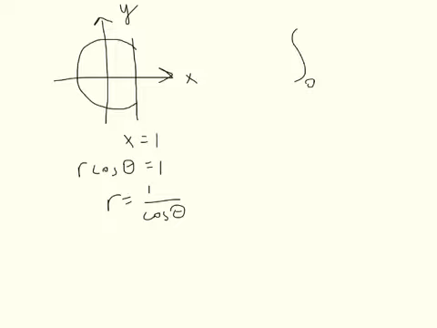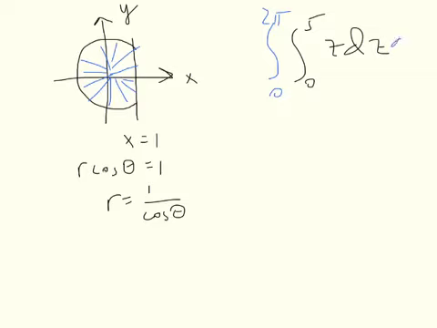So it was the integral from 0 to 5 of z dz, and theta is going in all directions. No matter which direction we draw our little r line, we want to keep it in. So that's going to be the integral from 0 to 2 pi d theta. And now we have to deal with the r bound.